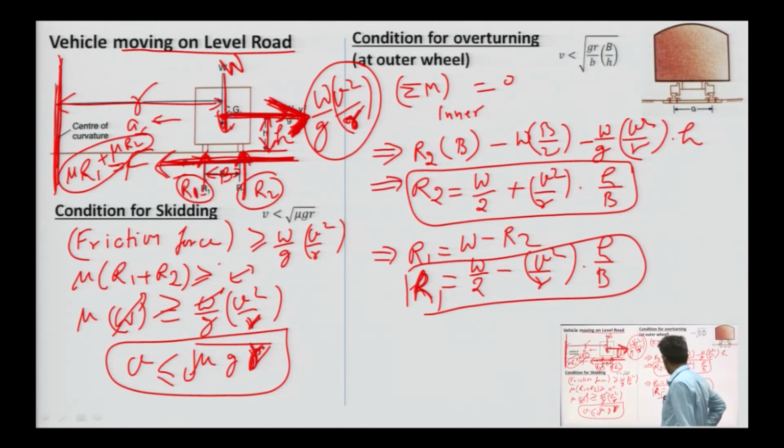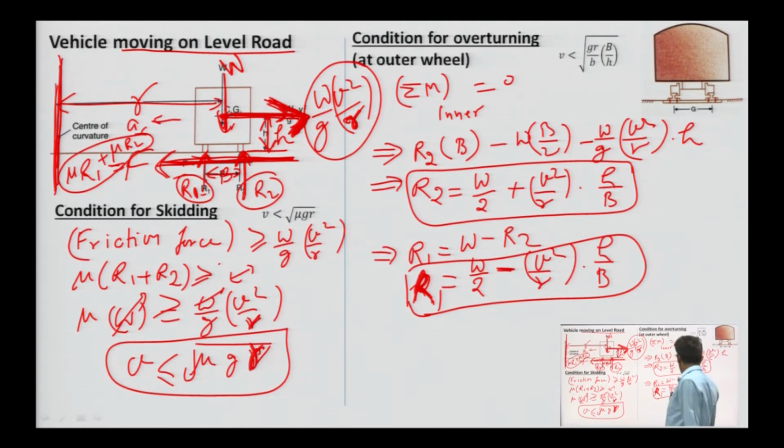So, from here we can conclude that the value of R1, the reaction at the inner wheel, is going to decrease, and it is dependent upon which parameter?